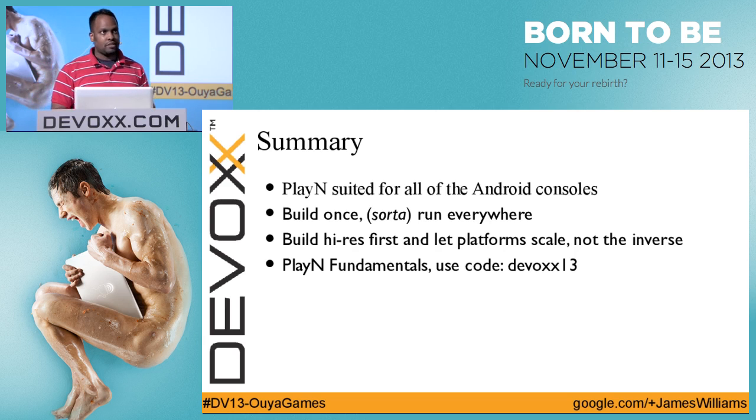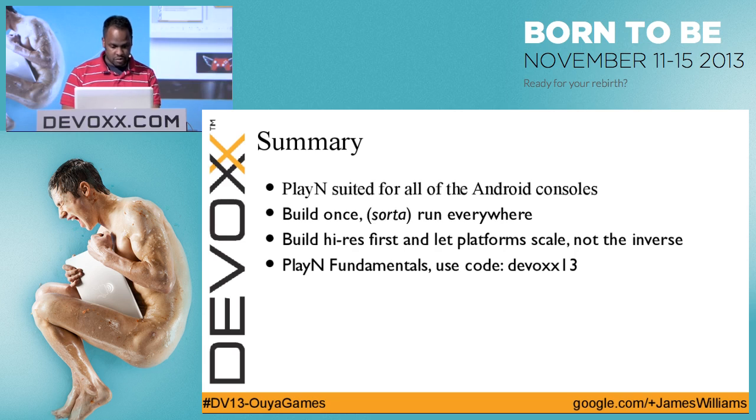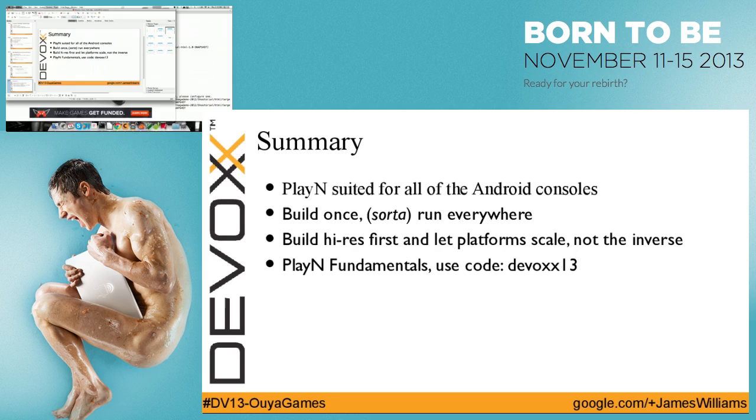One of the things that I learned from playing with games is that you really should build your high res first, and then do the low res or let it scale down. One of the problems that I had was in tutorial one.